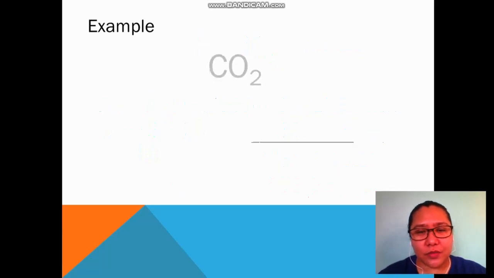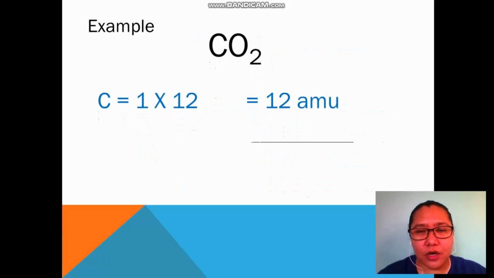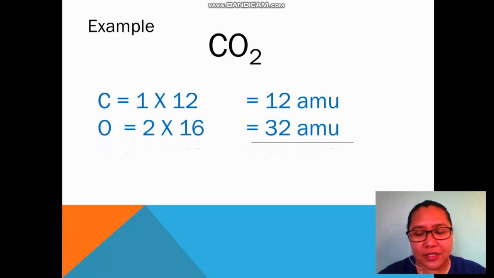Another example that we have is carbon dioxide. Carbon, with only 1 atom in this particular compound, we multiply by the atomic mass of carbon, which is 12. And then you have your oxygen. Again, the atomic mass of oxygen is 16.